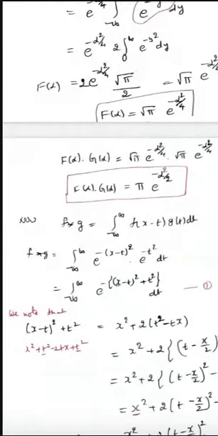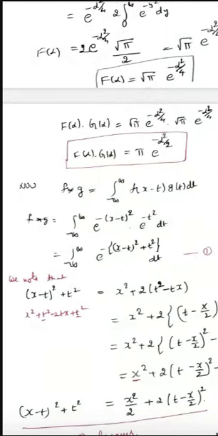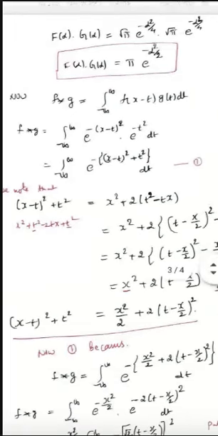X minus t whole square plus t square can be written as x square plus 2 t square minus x square. Again, by solving this one, we will come to know that x minus t whole square plus t square can be written as x square by 2 plus 2 times t minus x by 2 whole square, in quadrature.